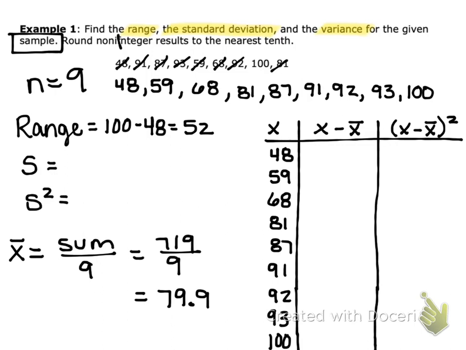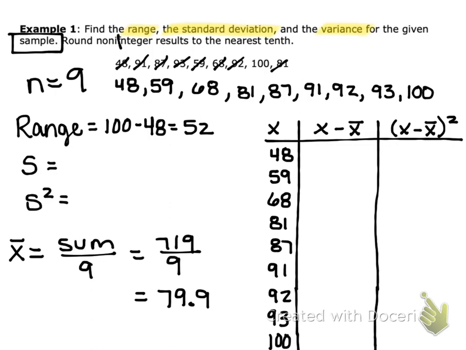Okay, so now in our second column, we are subtracting. So we are doing 48 minus 79.9. Important to note, we are not doing biggest number minus smallest, because we have to get negatives if the number is below the mean and positives if the number is above.